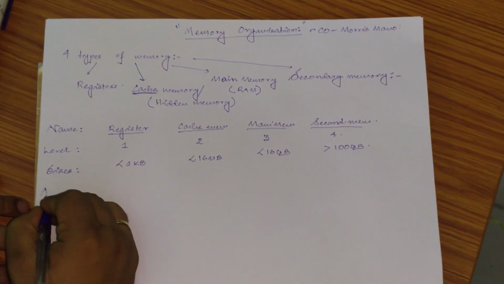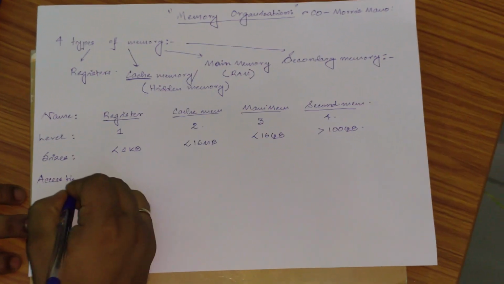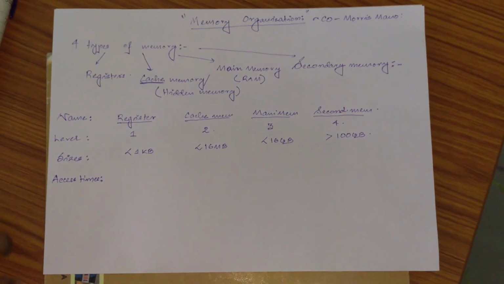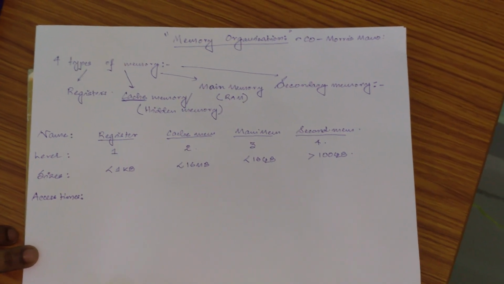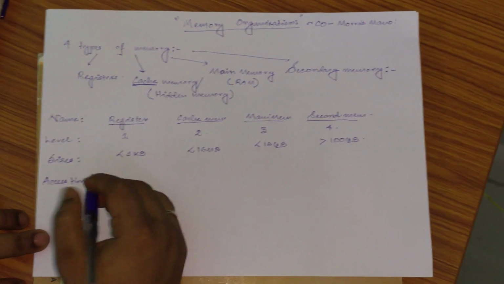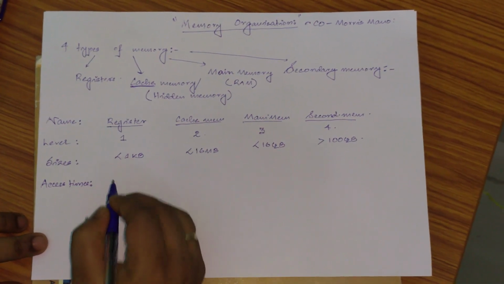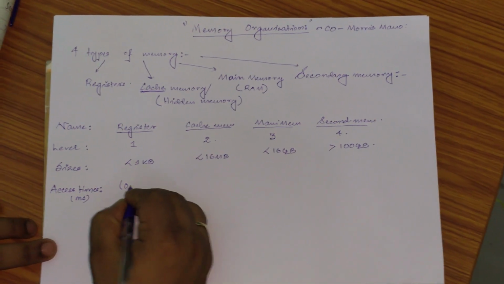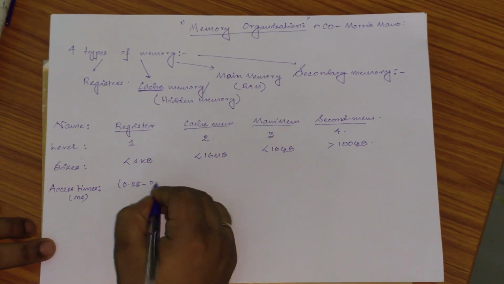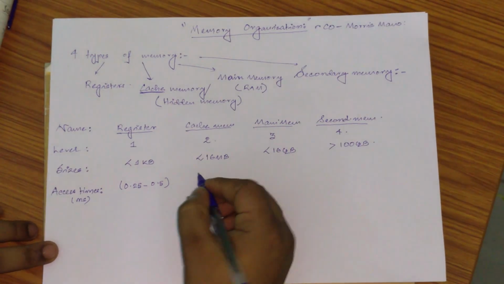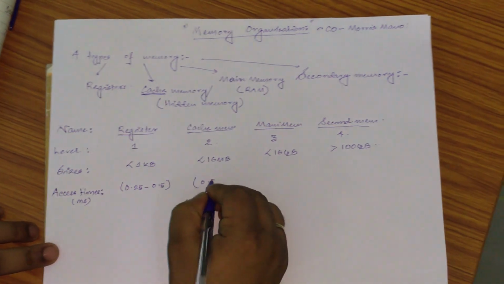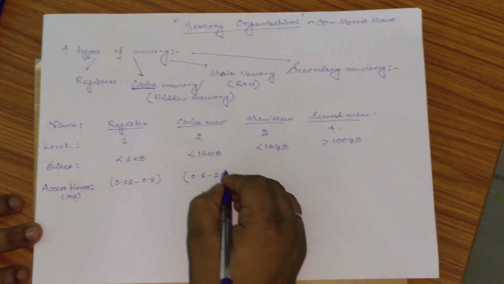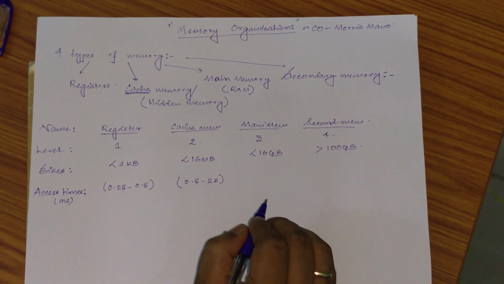Now let's compare the access times, meaning how much time it takes to access a word or a block from each of these types of memory. The registers are the fastest, so the access time will be very small, in nanoseconds. For the register, it is typically from 0.25 nanoseconds to 0.5 nanoseconds. For the cache memory, it is generally from 0.5 to 25 nanoseconds.